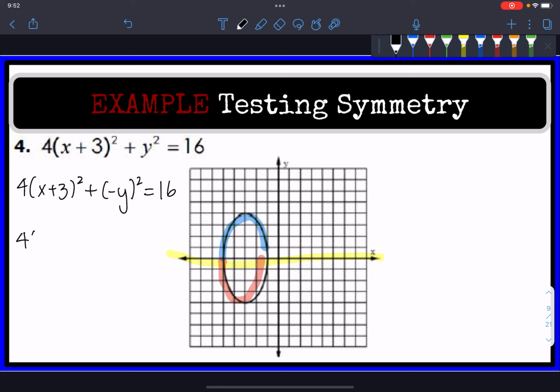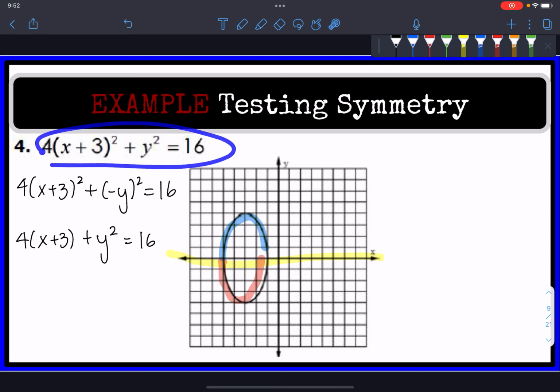And just like before, because we have an even factor of negatives, negative y to the second power is going to become positive y. Notice again that our equations match. This equation is equivalent to having a negative y. They are equivalent. So this has an x-type symmetry, x-axis symmetry.